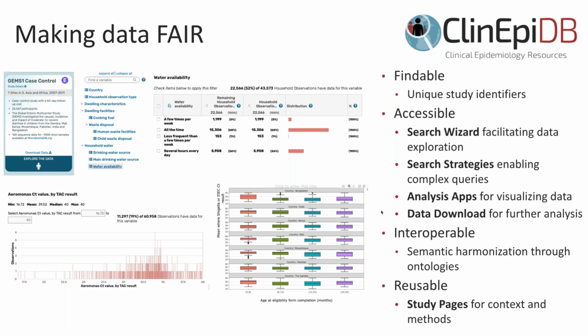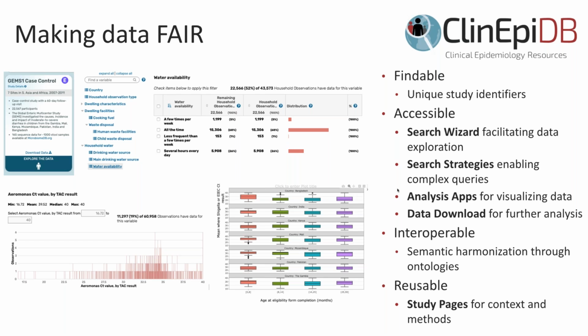Accessible is what we'll spend the bulk of our time on in the second half of the presentation today, where we'll show you all of these features on our live site, including how to use the search wizard to look at the data that's there. Here are some screenshots of how data appear in our search wizard, and we show these kinds of images for every single variable within a study.